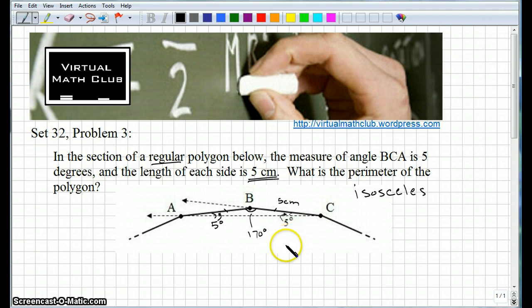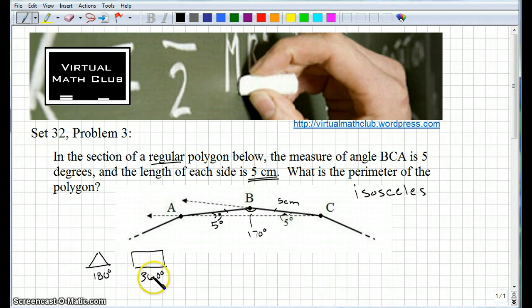Well, I don't know that right off the top of my head. But one thing I do know is that a triangle has 180 degrees, that the sum of its interior angles is 180 degrees. If we have a quadrilateral, which has 4 sides, the sum of its interior angles is 360 degrees.